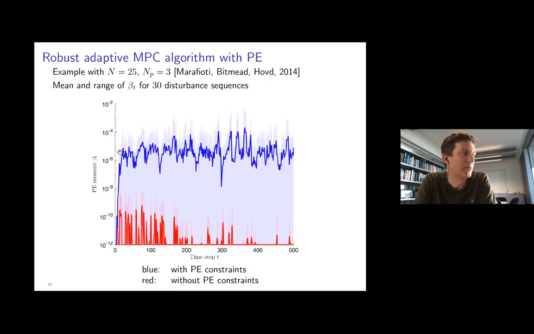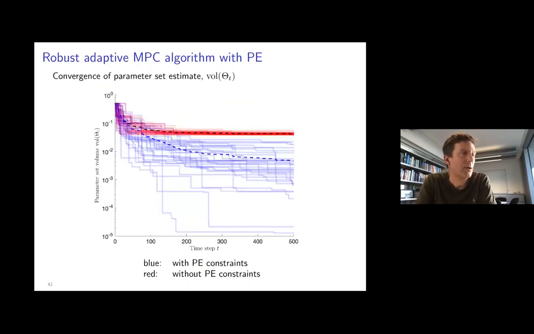And actually the value that we're getting here is close to the bound that we can obtain using the terminal feedback law. You can see here the effects of having a larger value of beta. Without the PE constraints, the parameter set for this example is not converging to the true system parameters, but with the PE constraint we get an asymptotic convergence in probability to the true values.